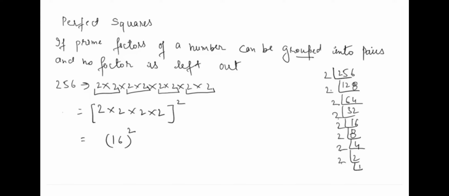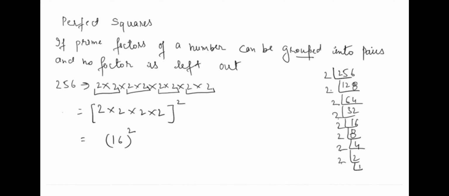So here the prime factorization of 256 is equal to 2 multiply 2 multiply 2 multiply 2 multiply 2 multiply 2 multiply 2 multiply 2. That means here we prepare groups of pairs. So here I have given the symbol: 2 multiply 2, one pair, again another pair, again another pair, and next that is another pair.